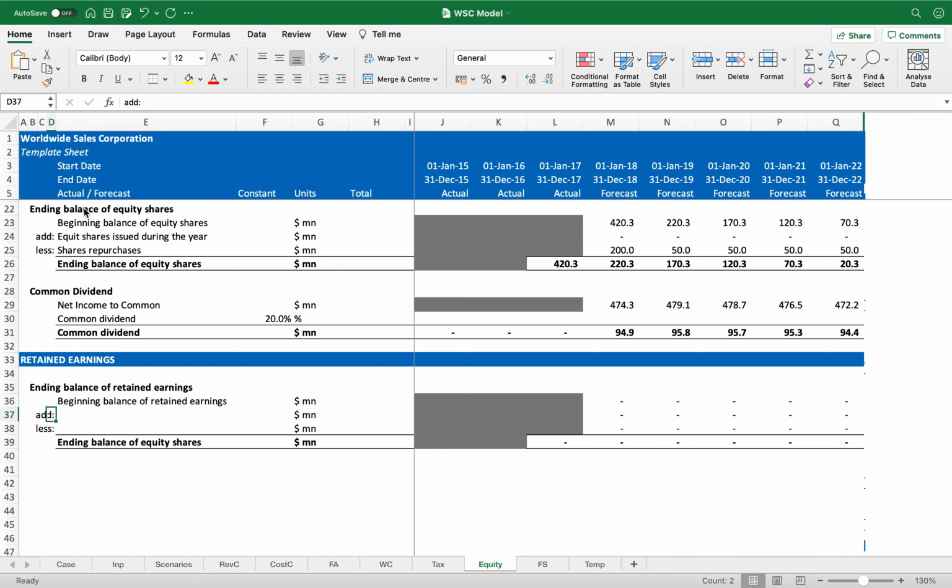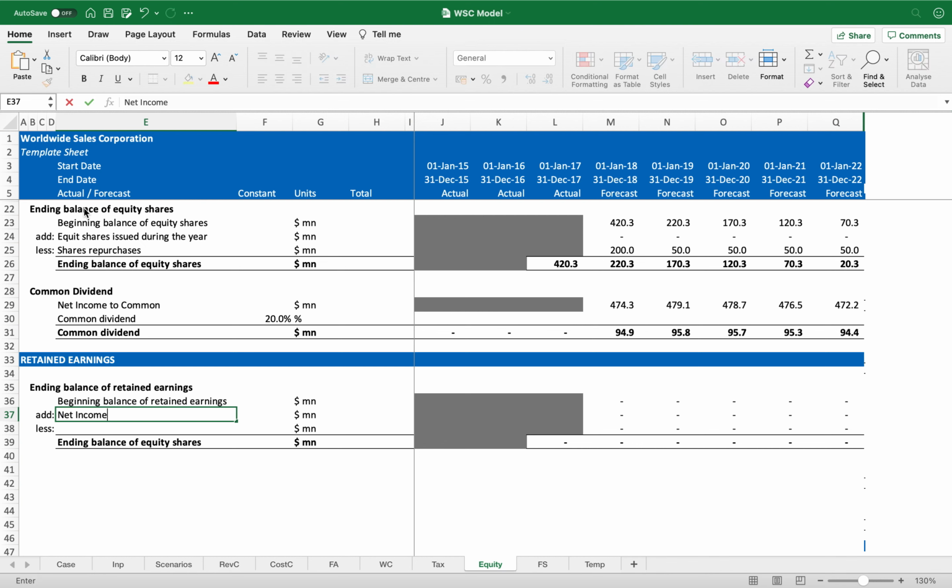add. Now what will increase the retained earnings? What will increase my retained earnings? Now we know that whatever is the net income in the income statement, that goes on to become part of retained earnings, right? So my retained earnings will increase by the amount of net income, right?